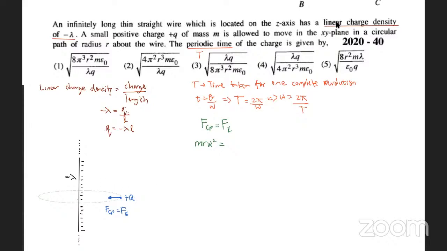So Fe is going to be equal to simple q, capital Q over 4 pi epsilon naught r squared. So we need an equation for omega.